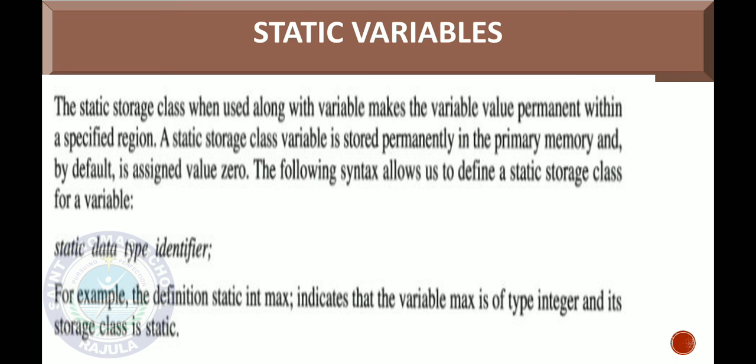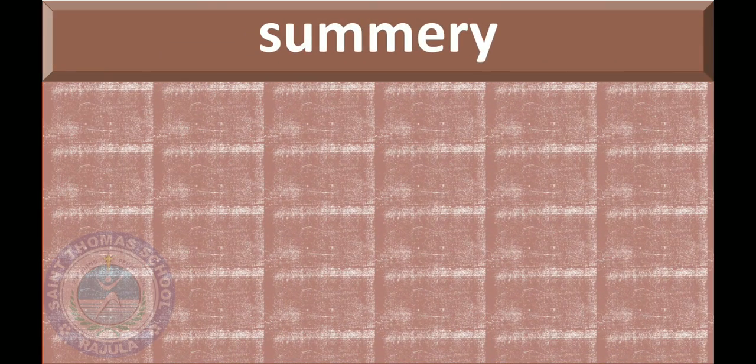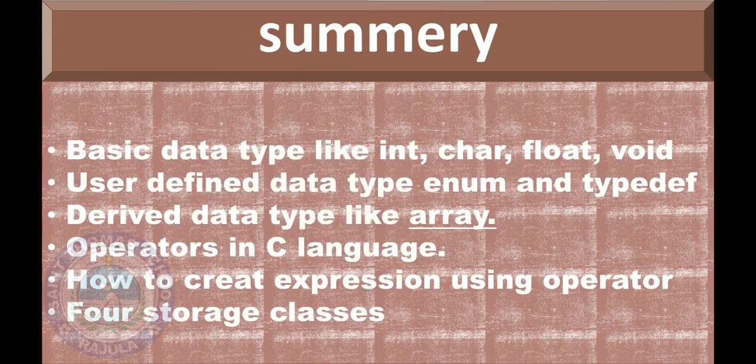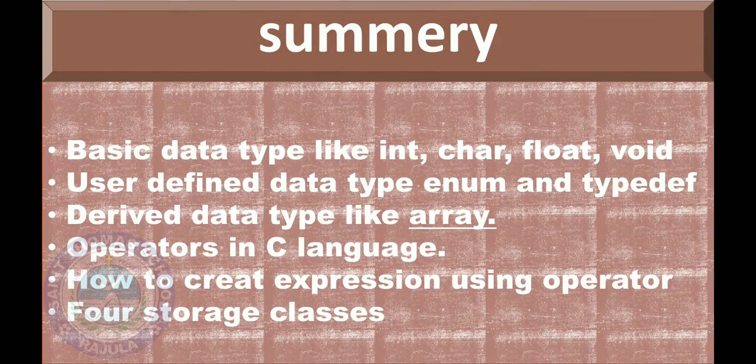I hope you understood these storage classes well, and now we are going to conclude our chapter number 11. Now we will discuss the summary of the things we have discussed in this chapter. First we discussed the basic data types like integer, character, float and void.